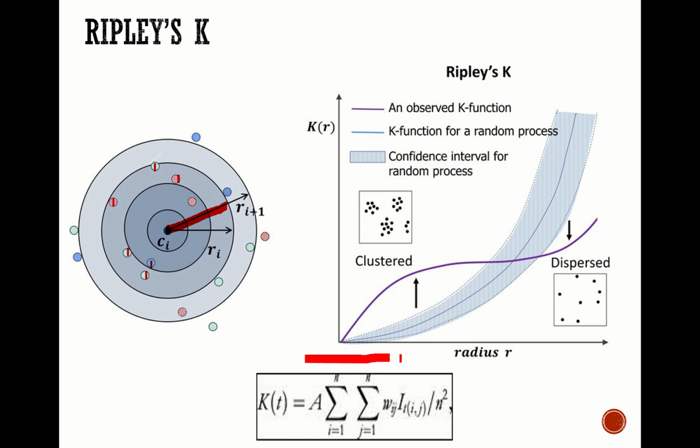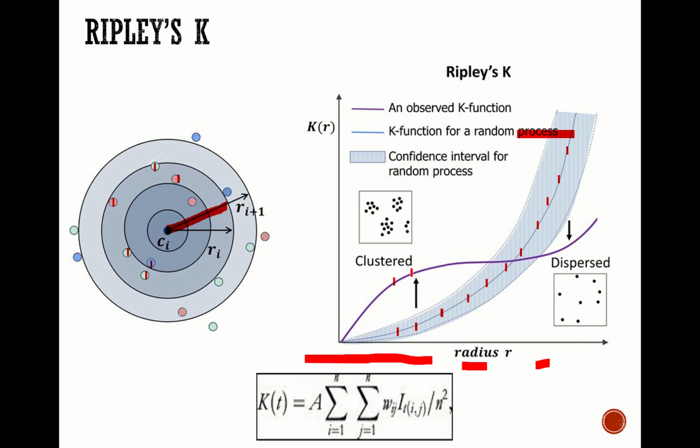As we start to move away from the center of this bullseye, if our line follows this pathway right here, that means we have a randomly distributed data set at all different distances away from that middle point. This purple line is showing us exactly what our observed clustering or dispersion is.